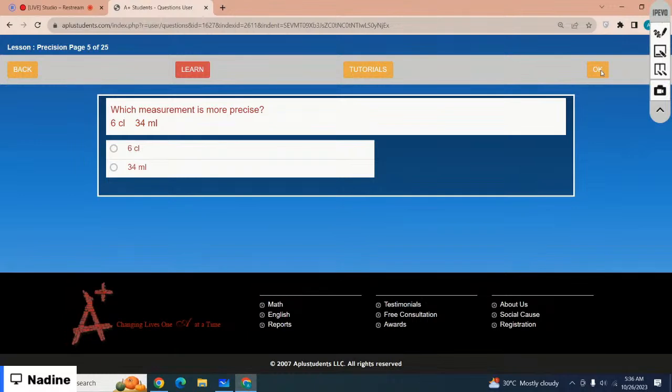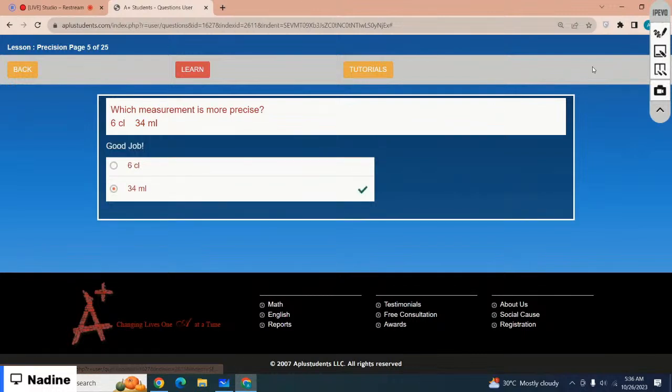The correct option is 34 milliliters, right? Milliliter is a smaller unit than centiliter. So the correct option is 34 milliliters.